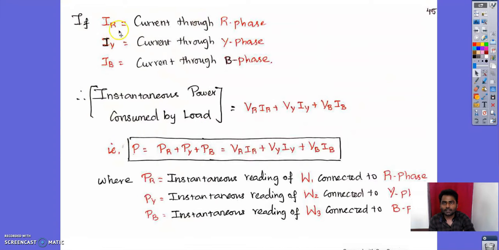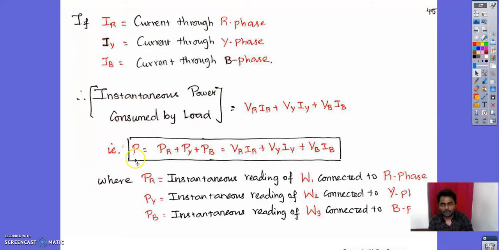If the currents passing through the phases are IR, IY and IB, then the instantaneous power is the product of voltage and current, as we all know. So VR into IR plus VY into IY plus VB into IB will be the total instantaneous power consumed by the load.